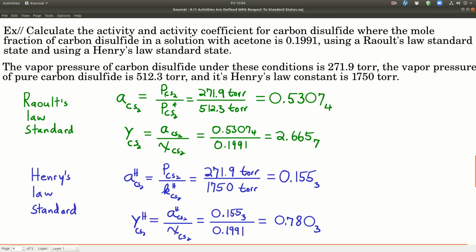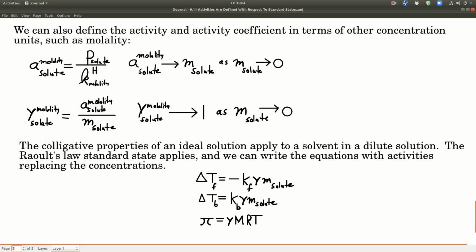Using Henry's law constant, we can see we get significantly different numbers. The magnitude of these are different. So the activity with the Henry's law standard is a pressure divided by Henry's law constant, which is this. And the activity coefficient is the activity divided by the mole fraction. So plug this in here and get an answer. Again, way different than the activity coefficient using the Raoult's law standard.